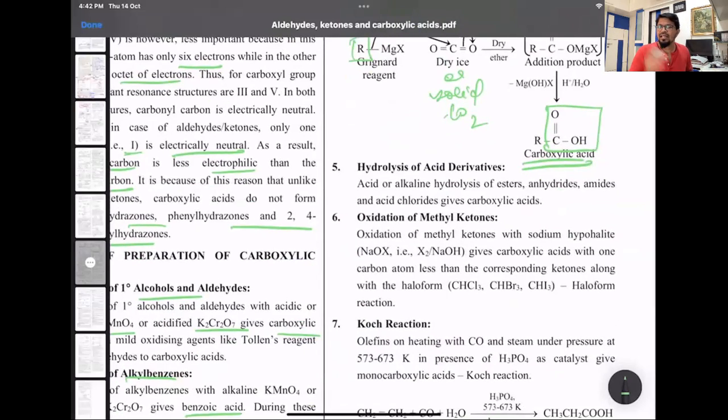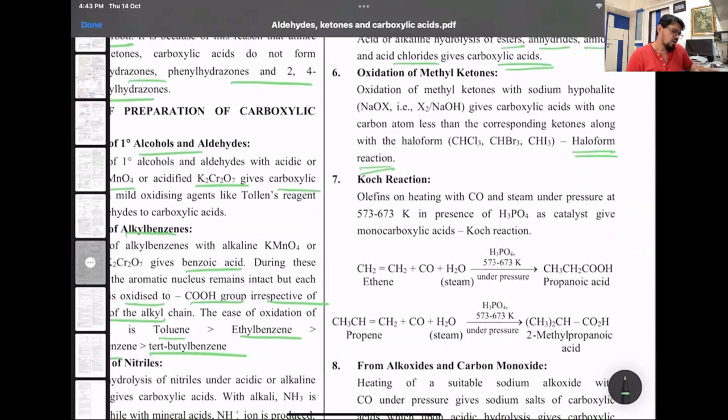Hydrolysis of acid derivatives. So if you do acid or alkaline hydrolysis of esters, anhydrides, amides, and acid chloride, all will give you back the carboxylic acids. Oxidation of methyl ketones is basically we have done this, the haloform reaction, positive iodoform test. Then Koch reaction. Now this is again an extra part.